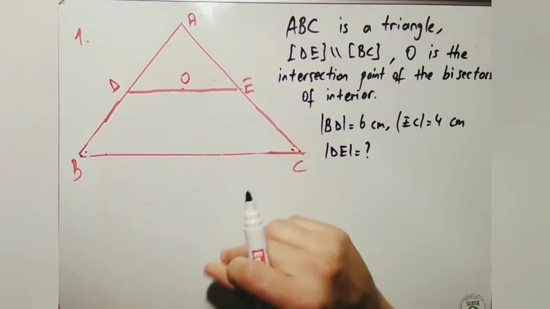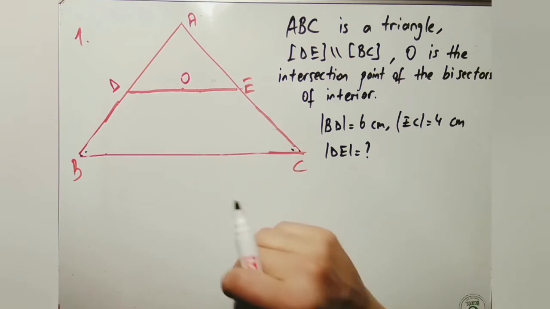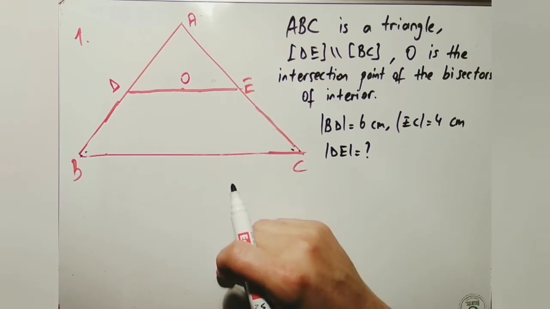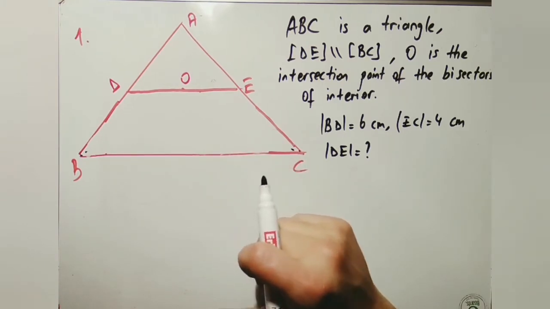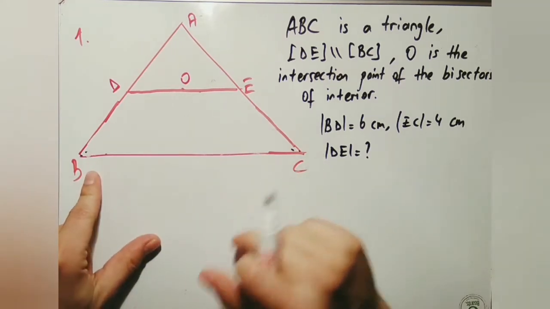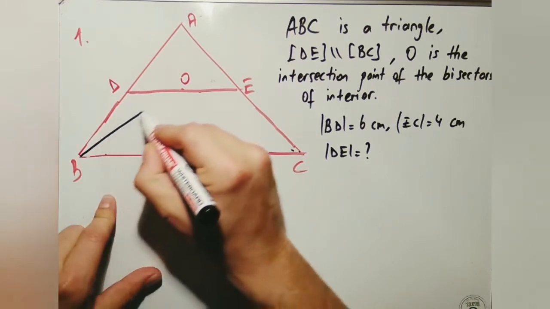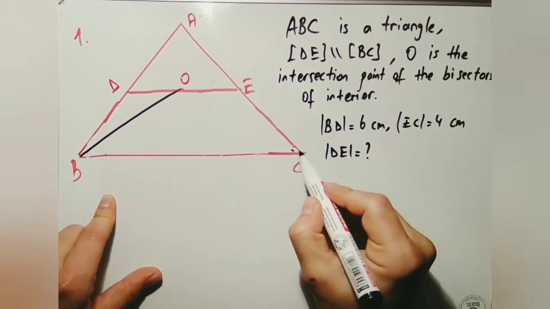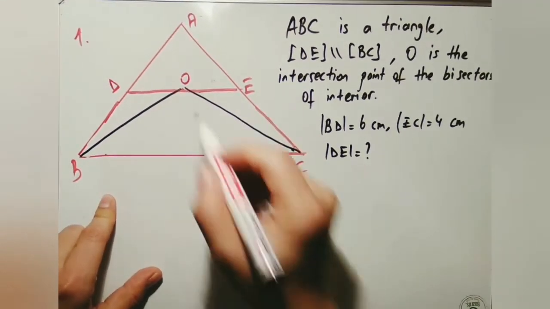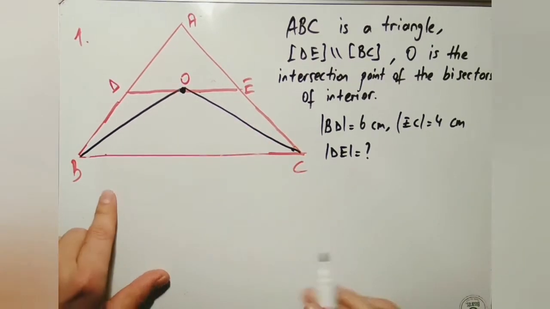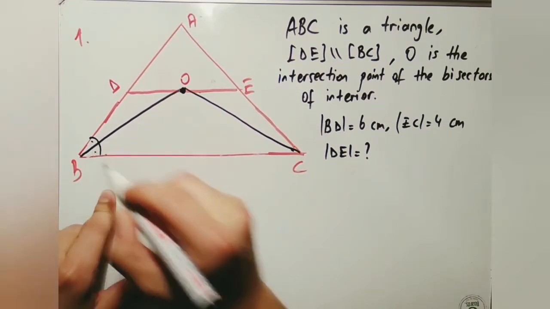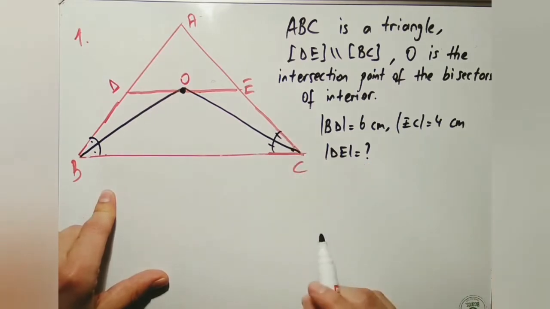So if DE is parallel to BC and O is the intersection point of the bisectors, we can say angle B and angle C have angle bisectors. So let me draw it first. From B to O and C to O. O is the intersection point, and here we have two angle bisectors.